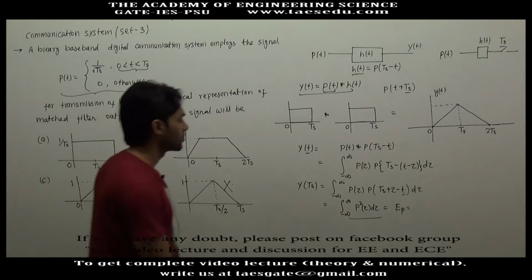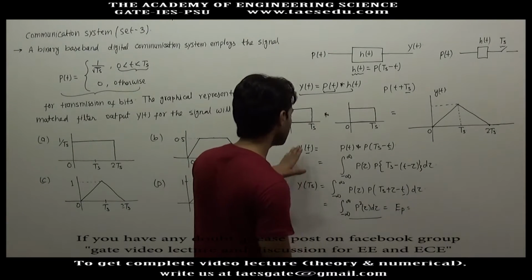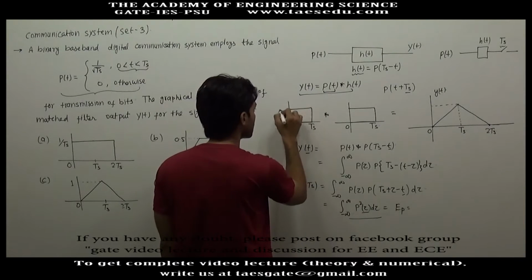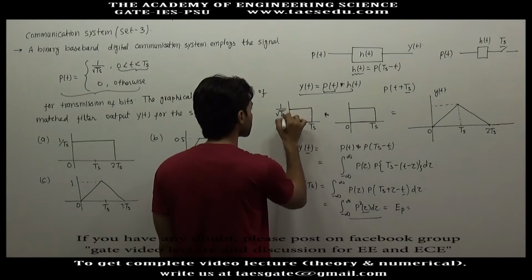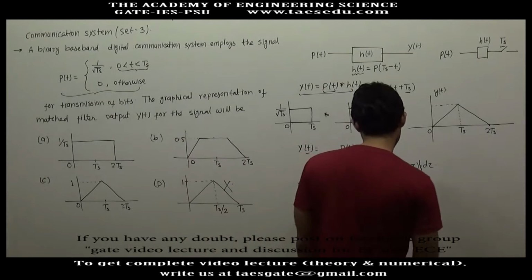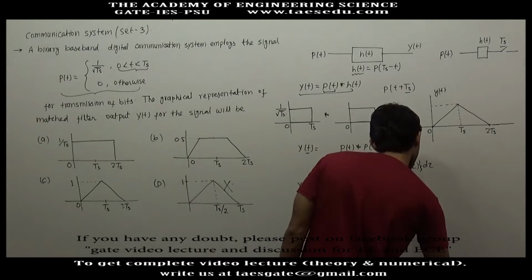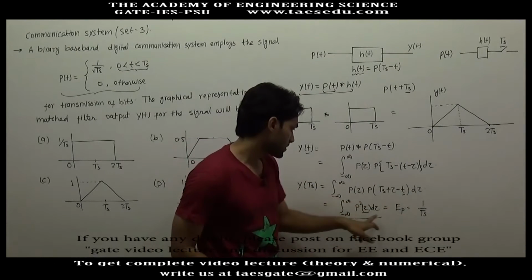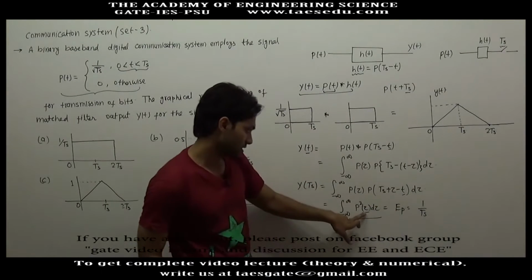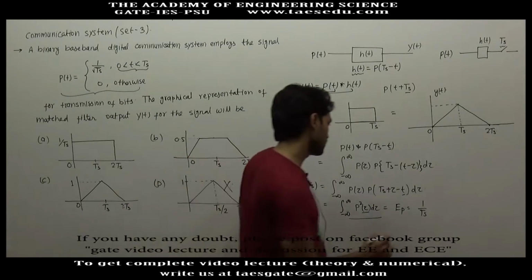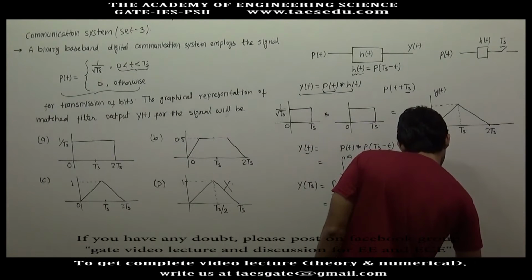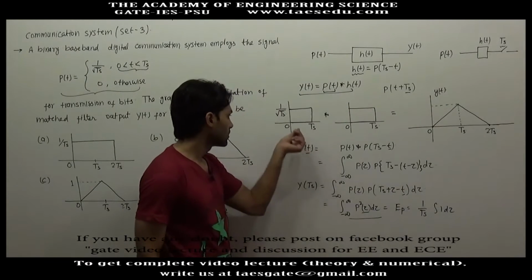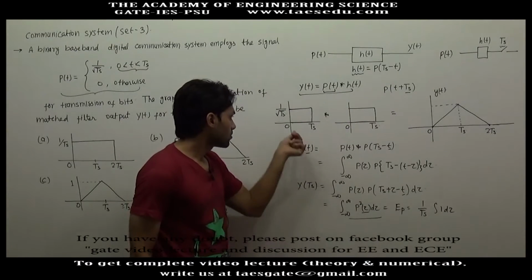Okay. And what is the energy? P tau square, this is constant at 1 by root ts. So this will be 1 by square of 1 by root ts, which is 1 by ts, and since this is constant, this will be taken out of the integration, 1 d tau, and this is non-zero from 0 to ts.